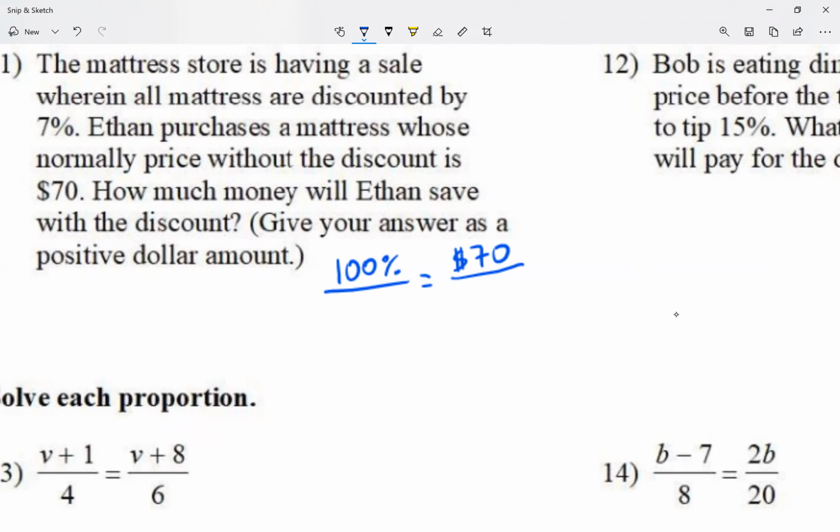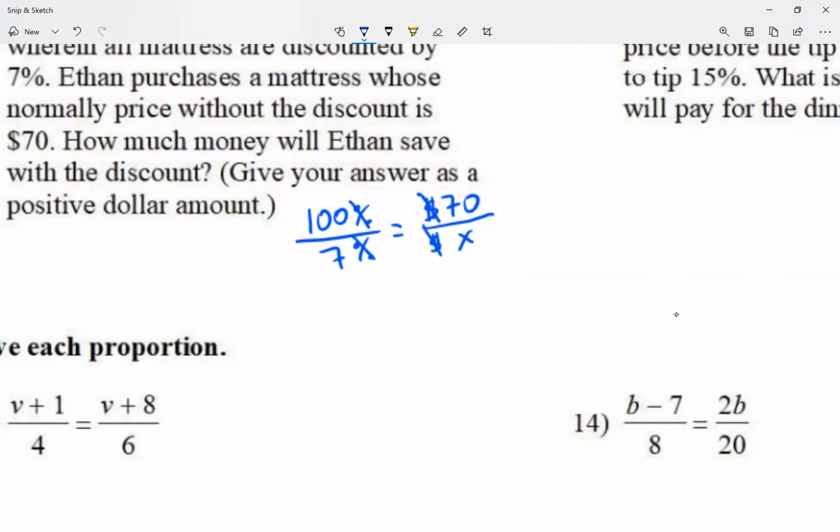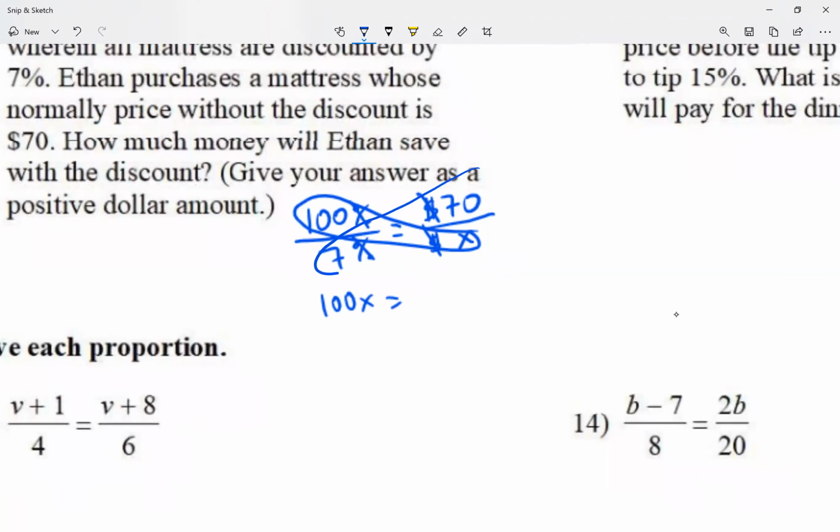That's the normal price. We want to know how much money he is going to save. But remember, there's a discount of 7%. So I know 100% is $70. So I'm going to say 7% is equal to X dollars. The percent symbols cancel out. The dollar symbols cancel out. I'm just going to cross multiply it. 100 times x equals 70 times 7. That's 490.